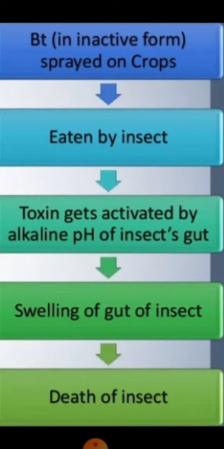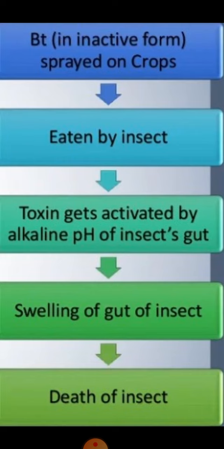gut, and then these crystals solubilize, and this activated toxin binds to the surface of the midgut epithelial cells and creates pores, that cause cell swelling, swelling of the gut of insects, and lysis also.